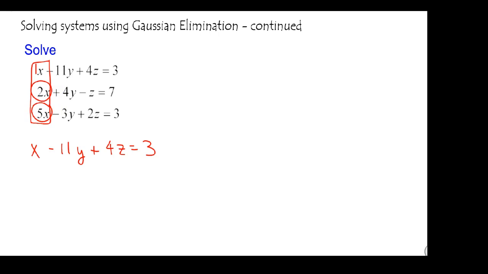So the first thing I will do then is take this row and multiply it by -2 because I'm trying to change the 2 to a 0.